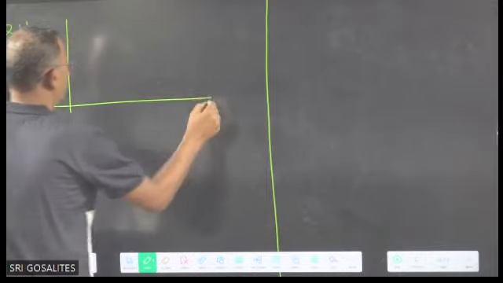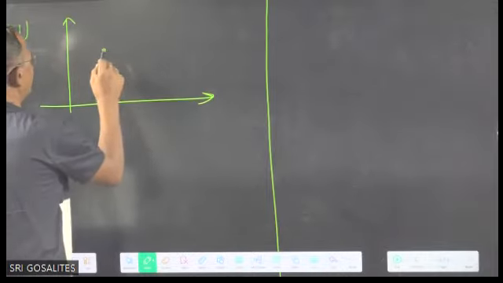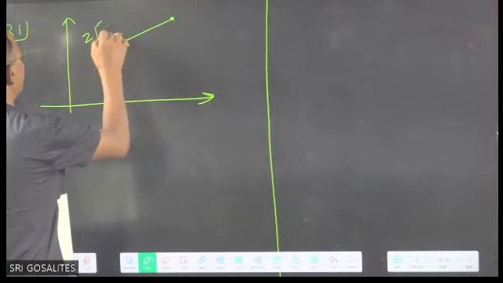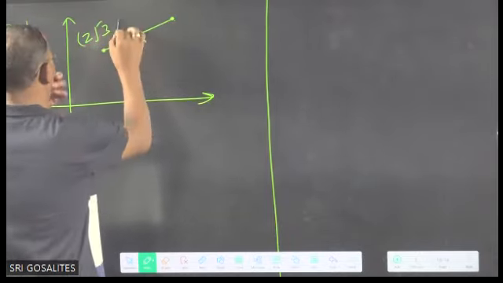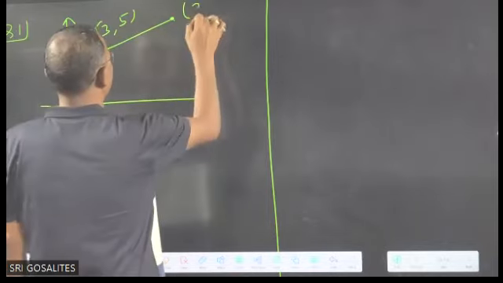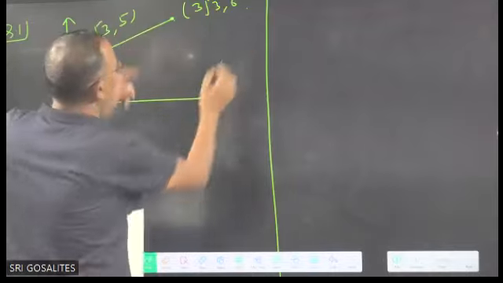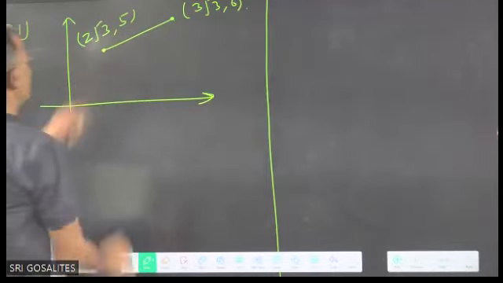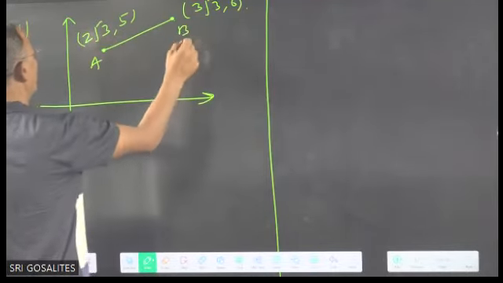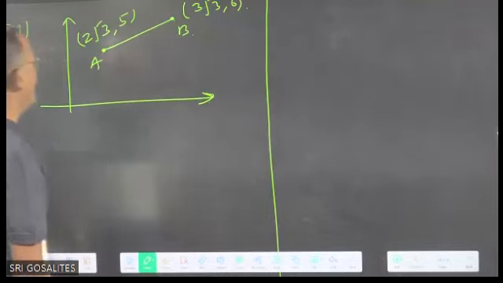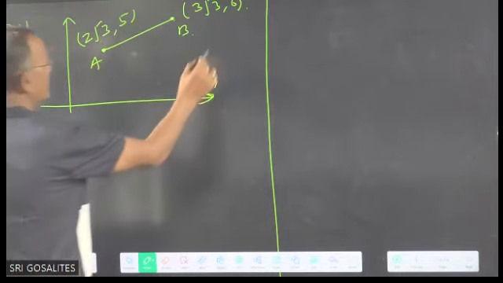First question. This is A point, this is B point. Coordinates are 2 root 3 comma 5 and 3 root 3 comma 6. What is the slope? M.